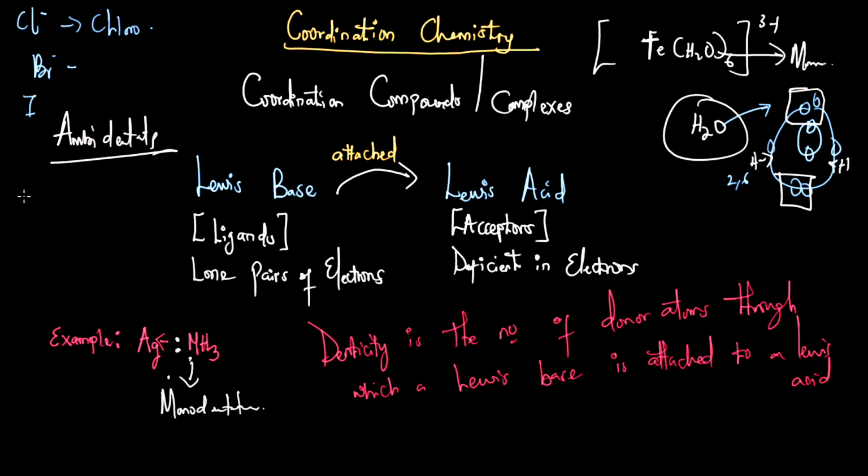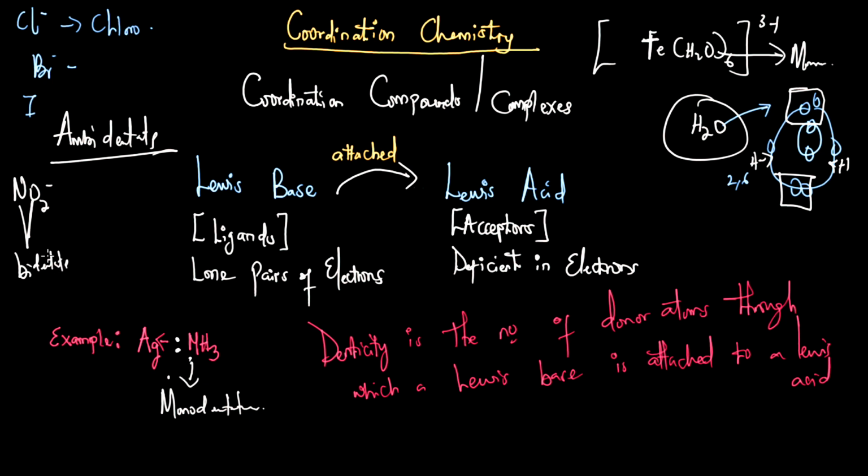Ambidentate ligand. One example is NO2. The donor atoms here are nitrogen and oxygen. This ligand can be coordinated to a Lewis acid via nitrogen or oxygen. So if it's coordinated through both of the 2 donor atoms, we can call it a bidentate ligand.